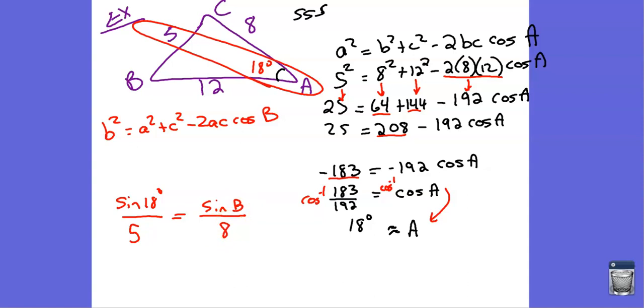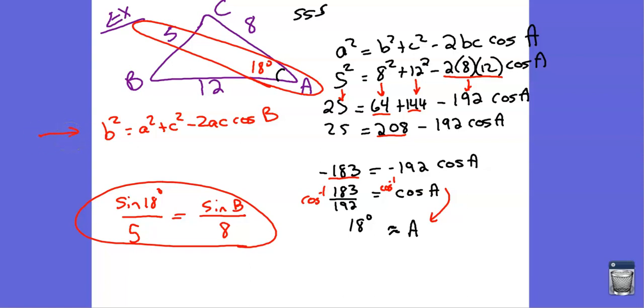I personally, just my recommendation, once I use the law of cosines, I think the law of sines is a lot less work. So once I use the law of cosines once, I typically just switch over to the law of sines. That's what I normally do. But again, you could do either one.